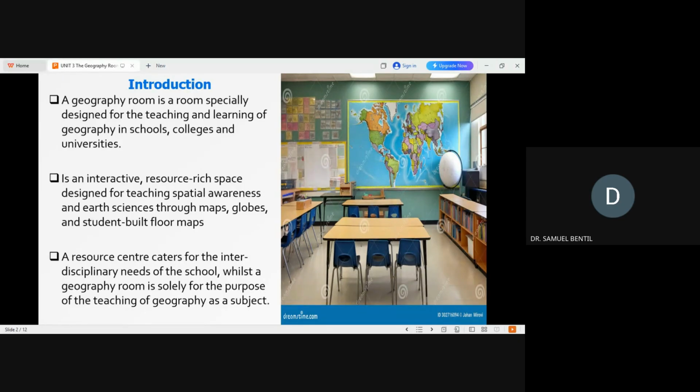Unlike a geography room, what you see there is solely for the teaching and learning of geography. So whilst a resource center caters for the interdisciplinary needs of the school, a geography room is solely for the purposes of teaching geography as a subject.